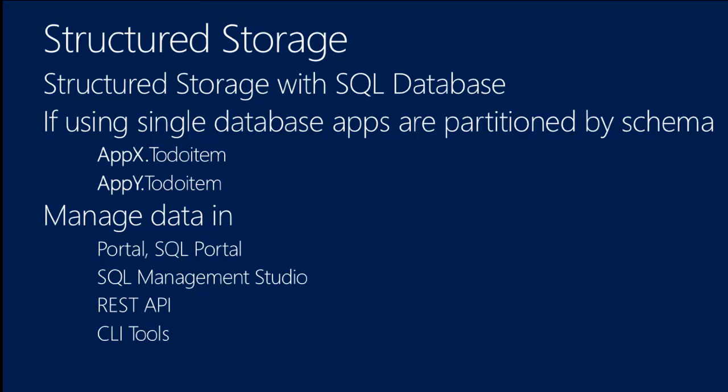In SQL, by default, your default schema is DBO. Well, in this case, it's prefixed by the actual mobile service subdomain name. If we named our mobile service "appysay", it would be "appysay.todoitem" as the name of the table. If we provisioned another one with a to-do item, it would be a different prefix.todoitem, so it separates out the data like that.